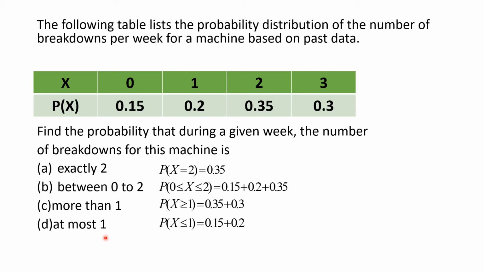The words at most 1 here mean 1 is the maximum. So any value 1 and below fulfills the criterion of at most 1. So it should be probability of X equals 0, summed with probability of X equals 1. So you add both and you will get the probability value of at most 1.